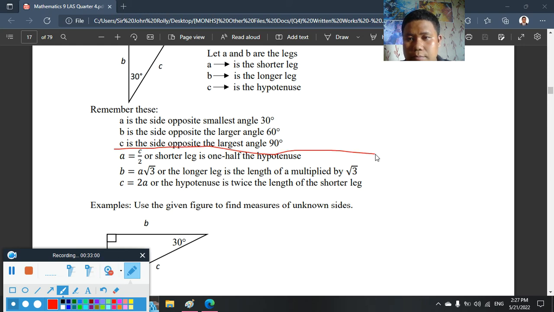So A equals C over 2, B equals A the square root of 3. Let's take a break.